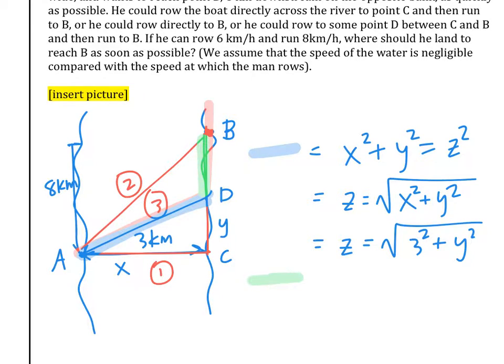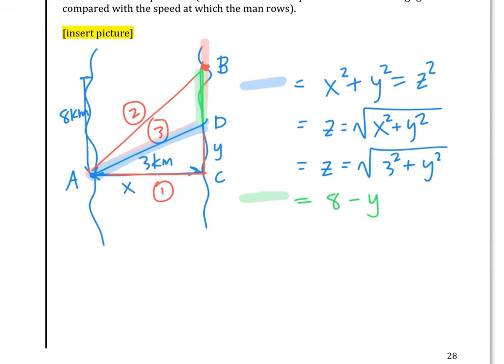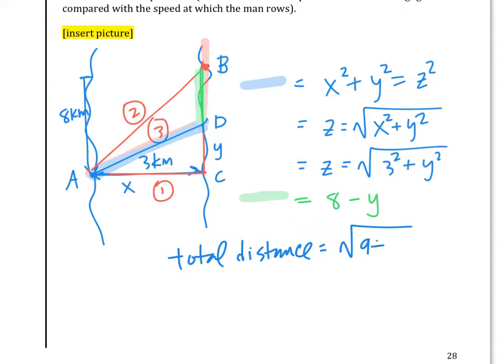So this is 8 minus y. So his total distance is the square root of 9 plus y squared, plus 8 minus y. It doesn't really matter where he lands, he's always going to do this. y can change, but this represents the whole distance.